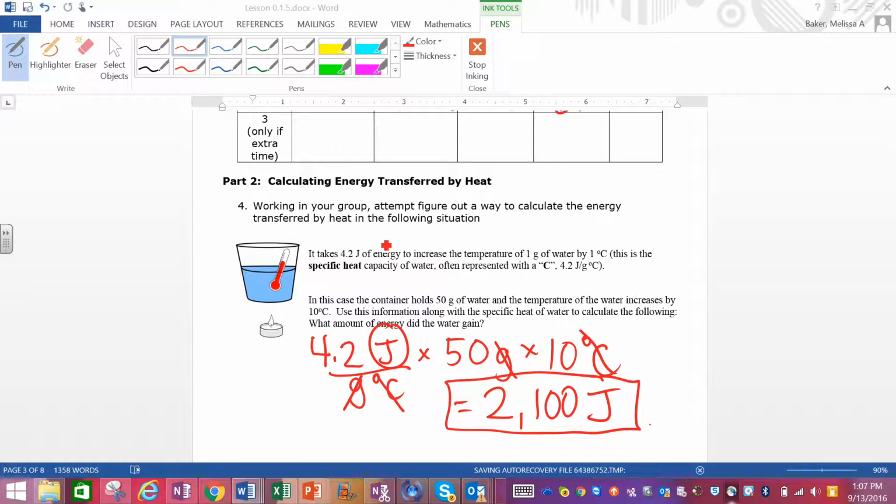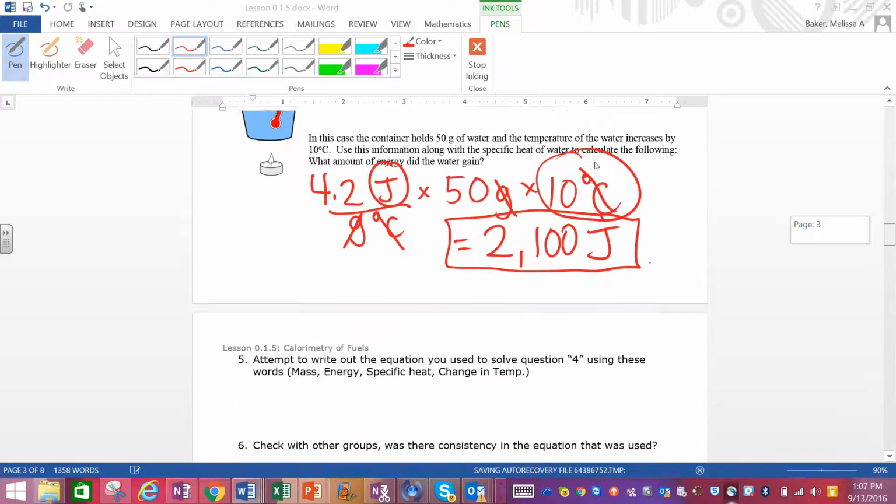This is basically what we're doing in our experiment. We're figuring out how much energy was transferred to 100 grams of water. And based on how much the temperature changed, we can figure out how much energy that took, that fuel released, I should say.